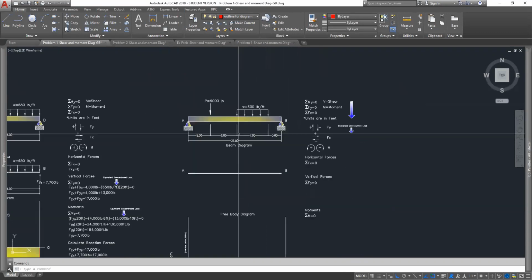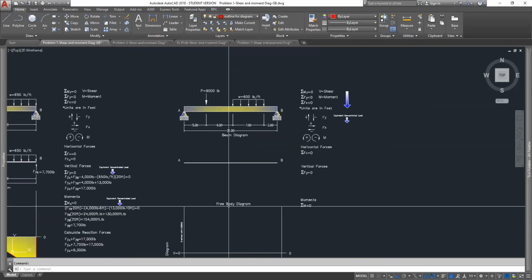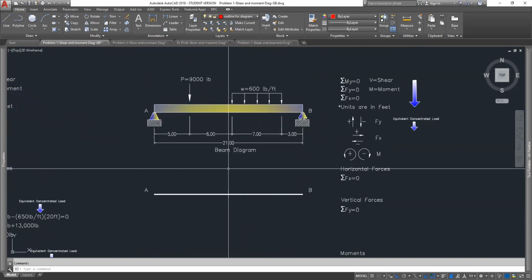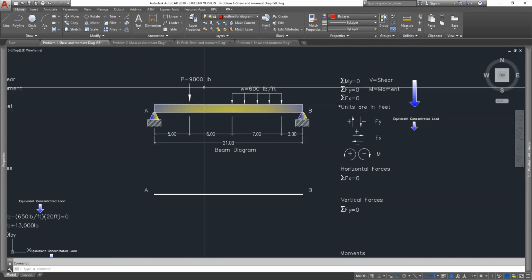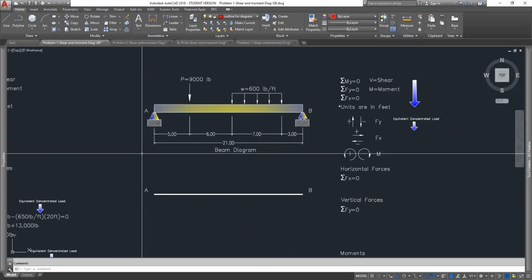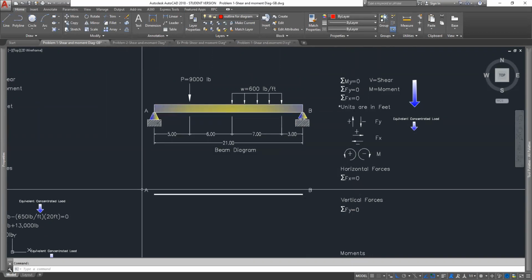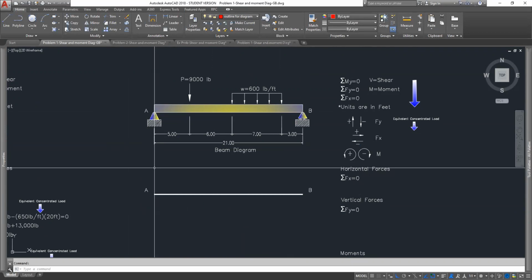One of the first things you need to do is draw what we call a free body diagram. The free body diagram is basically a line drawing that reflects everything that's happening on the beam, and then also indicates, using vectors, these arrows or these moments, where the forces are going to be.